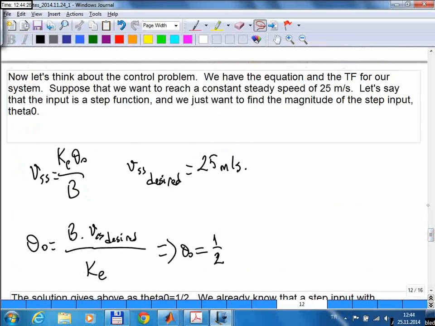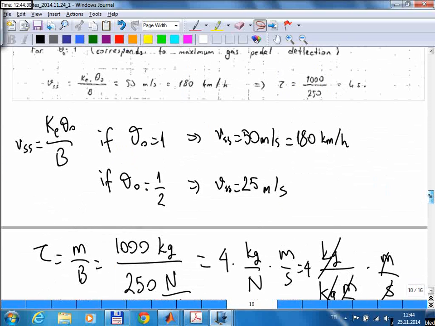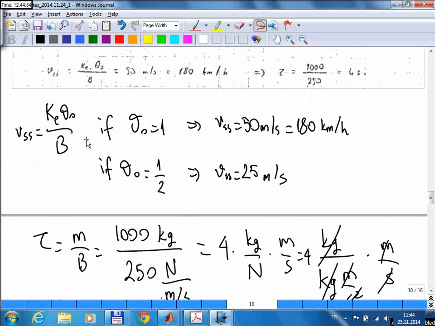So, in our previous analysis, we saw that if we apply a step input, step gas pedal input, the car eventually reaches a steady speed of this much. Okay, so by using just this part of the equation, we said, if this is the gas pedal input, which causes this steady state speed, then if I want to reach a certain steady state speed, I can solve what should be the magnitude of step gas pedal input I should apply to the car.